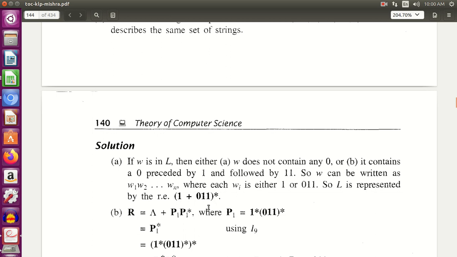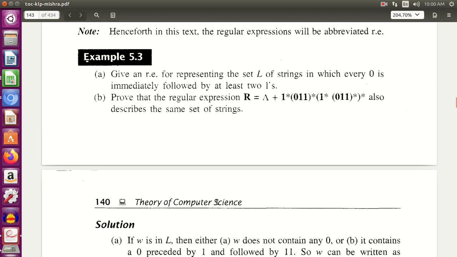Ma'am, could you please repeat? Yeah, so the question tells us that we have to design the regular expression for the set L of strings in which every 0 is immediately followed by at least 2 ones. So if there is a 0, there should be 2 ones after that. But the constraints do not tell you anything about what will happen if I have a 1. If I get a single 1, what will happen? It says that when I get a 0, it should be followed by 2 ones. But what if I get a single one?